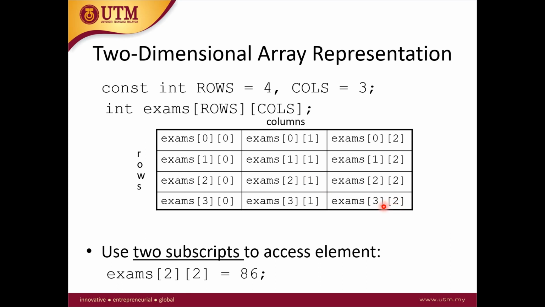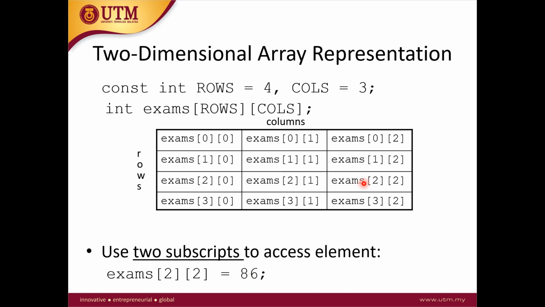So in order to access each element, we need to specify the index of the row and the column as well. For example, if we access this element 2 2, we need to specify the row index and the column index, and then we can give it a value, or prompt for it from the screen, or print it, or whatever. In this case, we've given this value to that index, so this one is going to be 86.